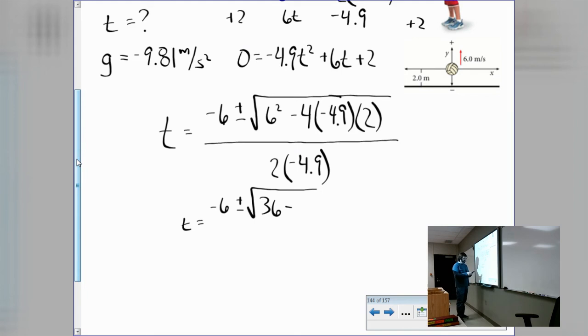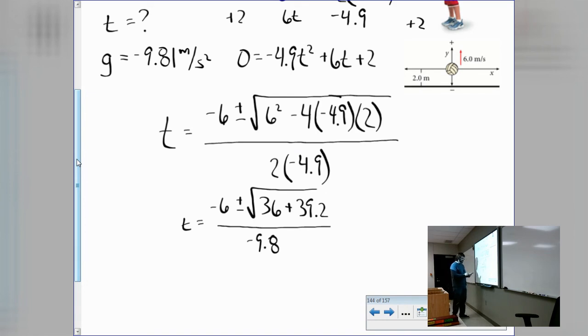So 9.8 times 4 is 39.2. So minus negative 39.2 just becomes plus 39.2. All divided by 2 times negative 4.9, so that'd be negative 9.8.